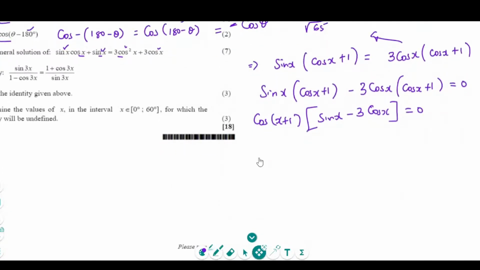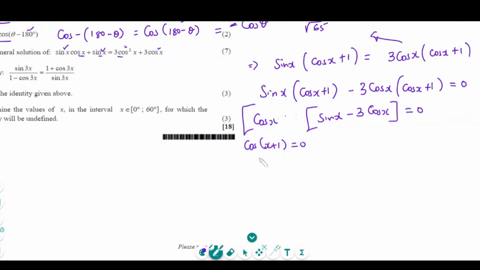Okay, so with my dot product, it's either the cos x plus 1 is equal to 0. Let me just fix this because the way it's being written is going to confuse people.